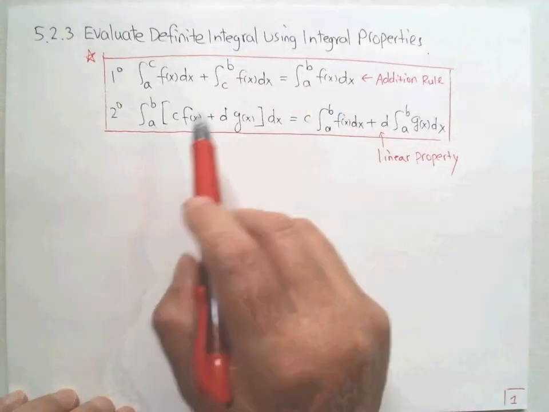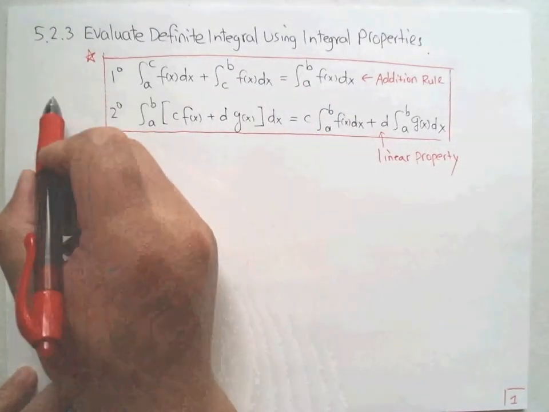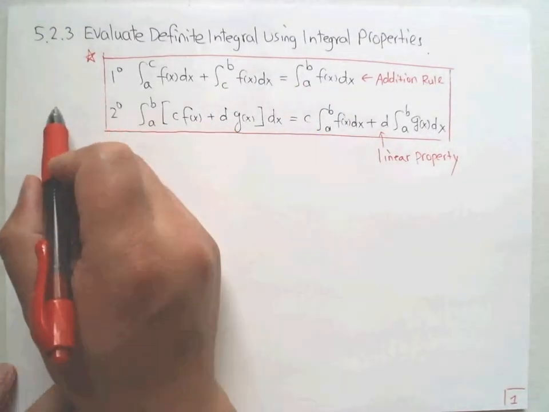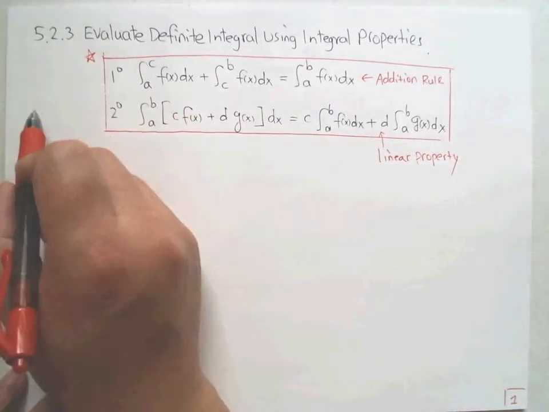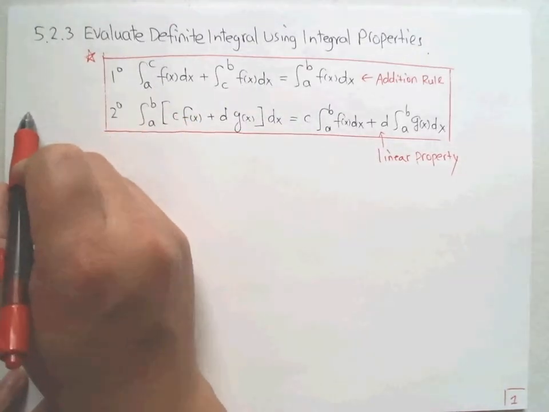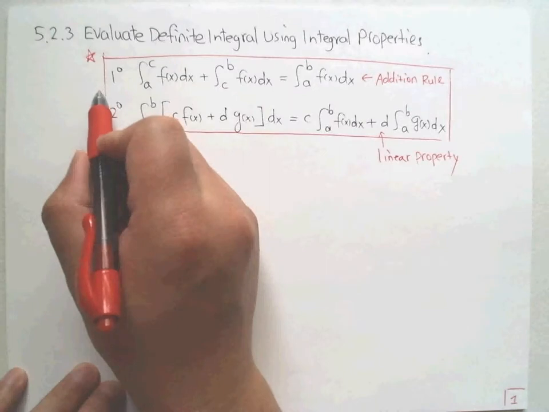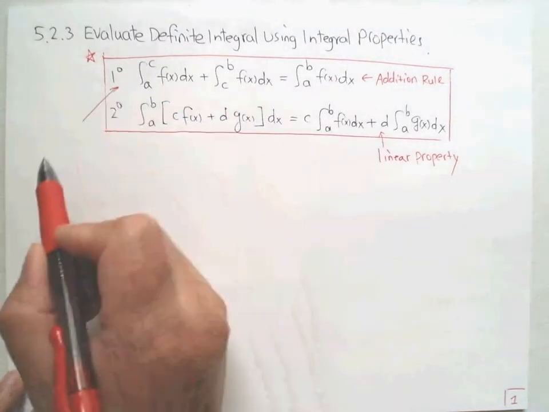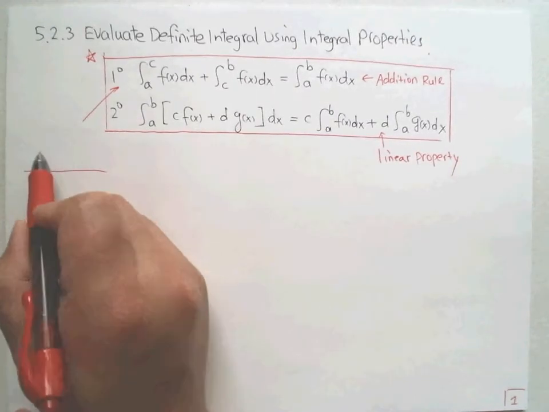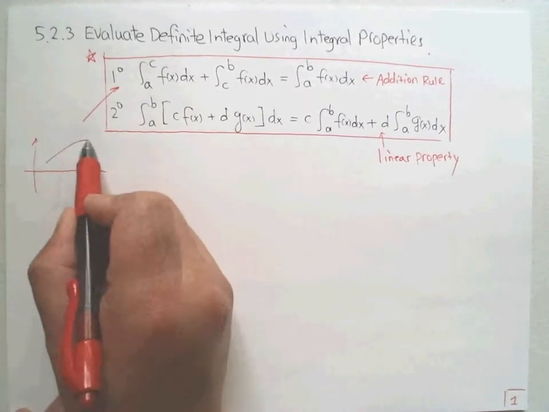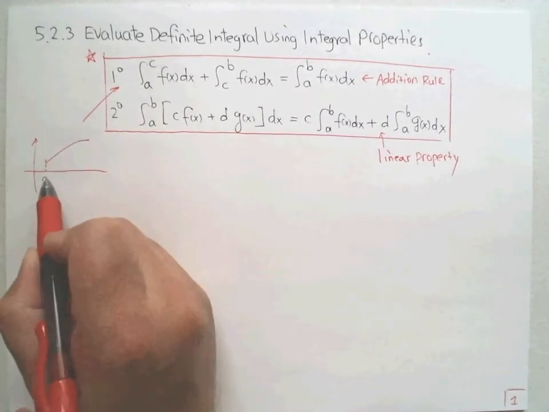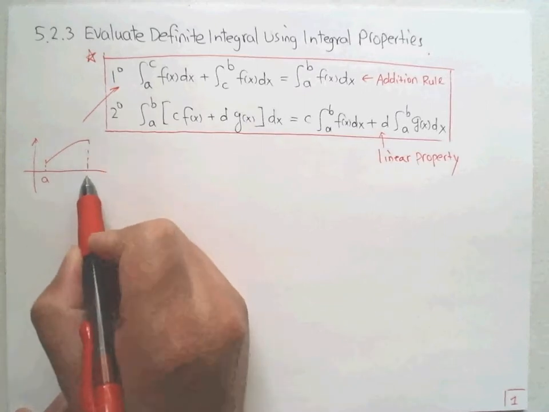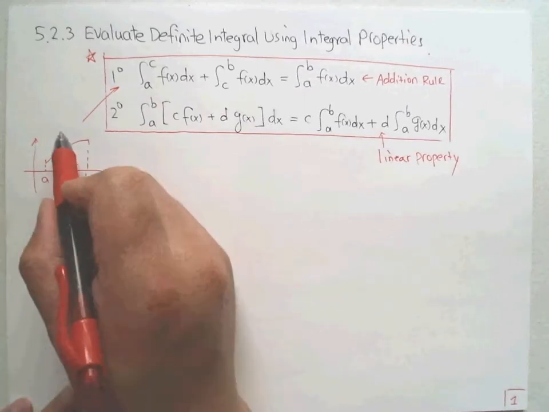Look at this graph so you can see the idea clearly. If this is A, this is B, and this is y equals f(x), the function.